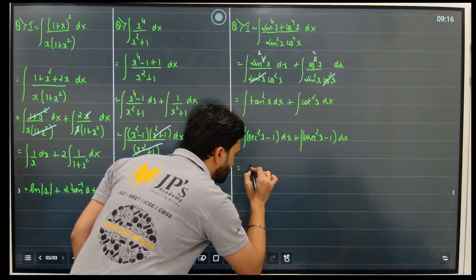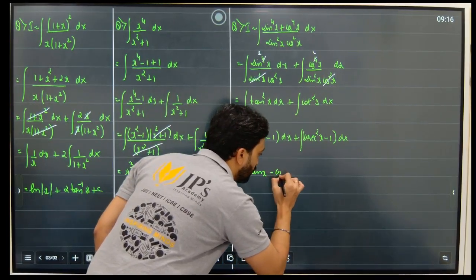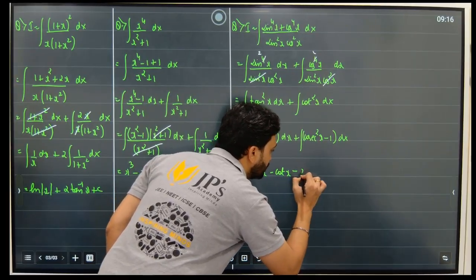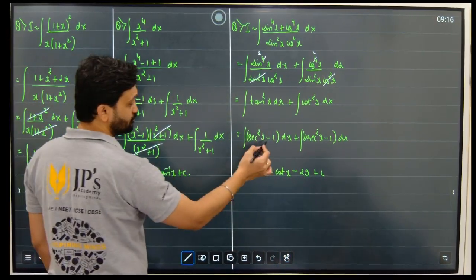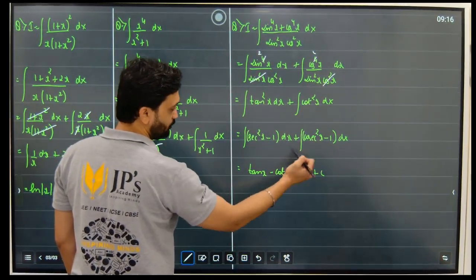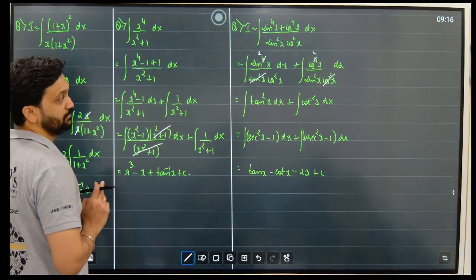Integration of sec square x is tan x. Integration of cosec square x is minus cot x, and minus 1 minus 1 becomes minus 2, so minus 2x plus c.